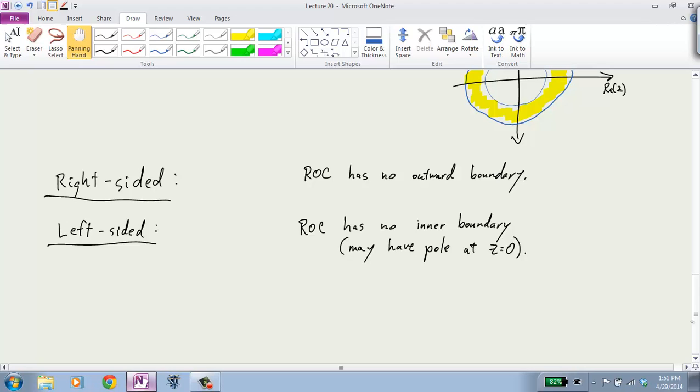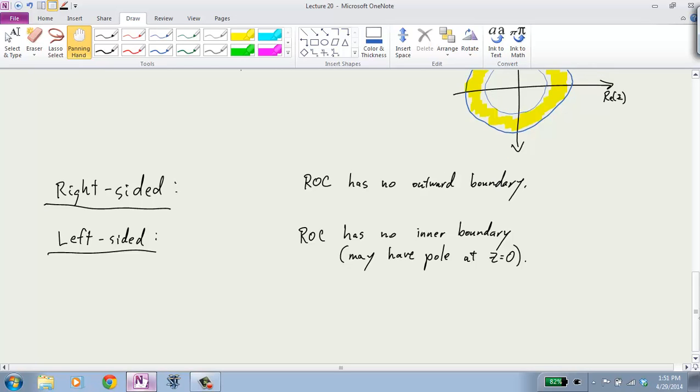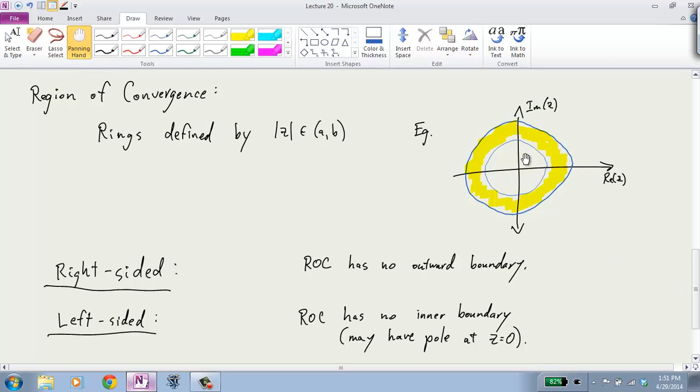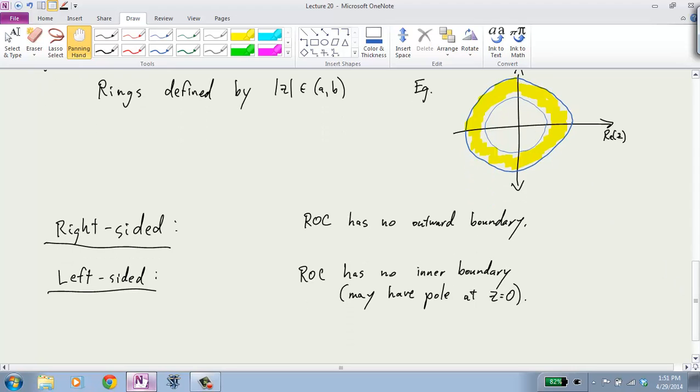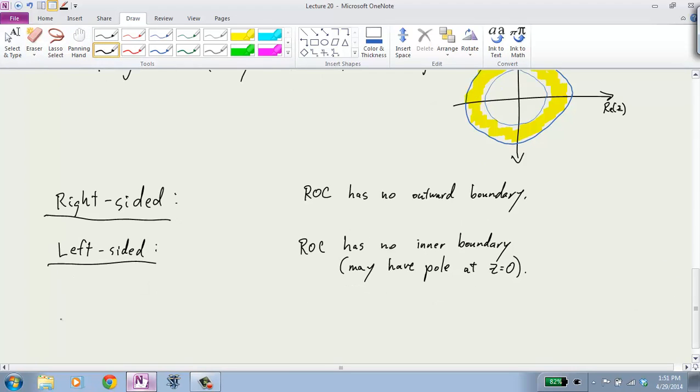If it goes to exactly that point, it could blow up towards negative infinity in the Laplace domain. All right, and of course we had two-sided. Sorry, we'll skip two-sided. We had finite duration, which means it's both left-sided and right-sided.